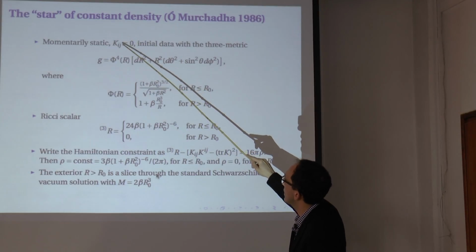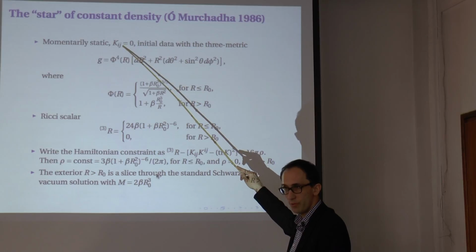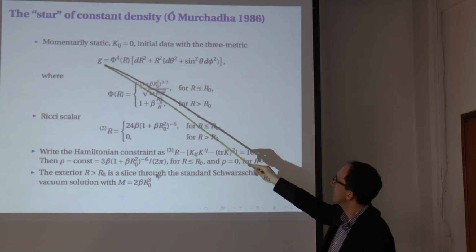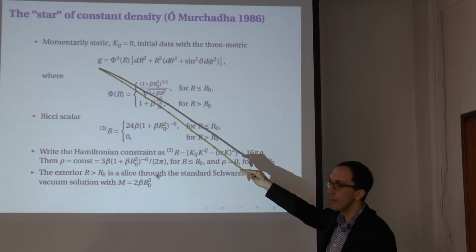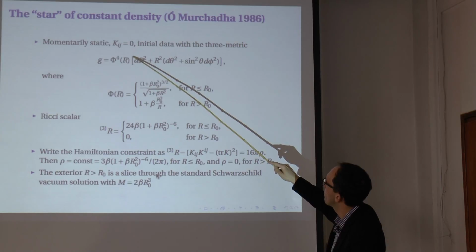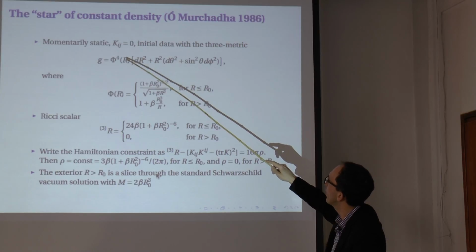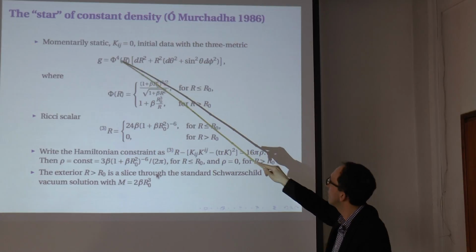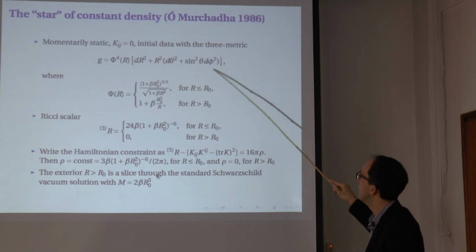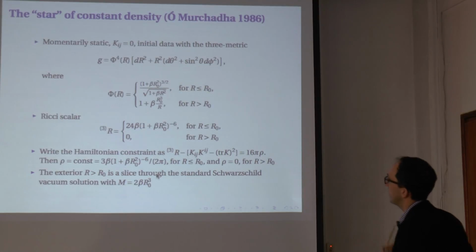So you assume that K_ij is precisely zero everywhere, and that are given by a metric, which is written explicitly here in conformally flat form. So there is a conformal factor that multiplies the flat metric written in spherical coordinates here.